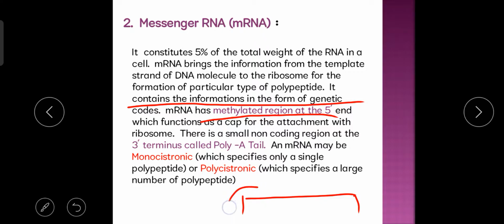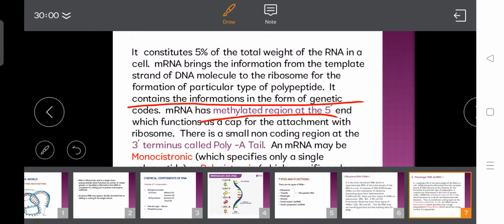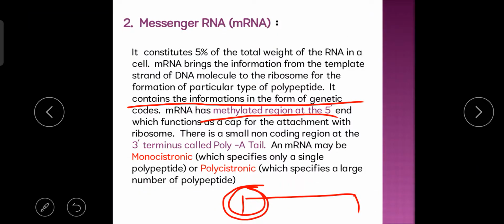In the 5' end the methylated group is present. Because of this, the 5' end is called the capping, and this cap is made up of methyl guanosine triphosphate. Capping means topi. So here, see, in the 5' end one methylated group is present, which is called methyl guanosine triphosphate.